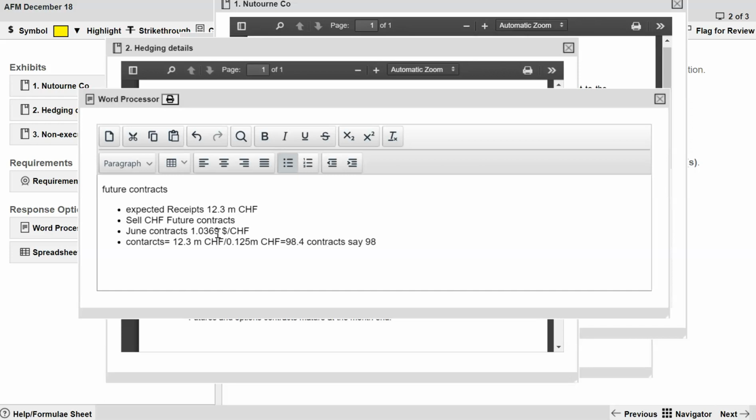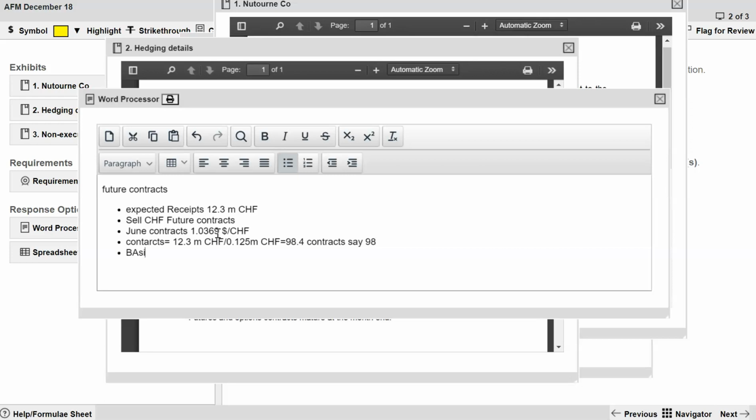So that means we are under hedging the contracts by 0.4, and whenever we under hedge, that means we are not totally covering the underlying amount. So in this question, in case of under hedging, we will cover that amount by using the forward contract because it is written in the question.